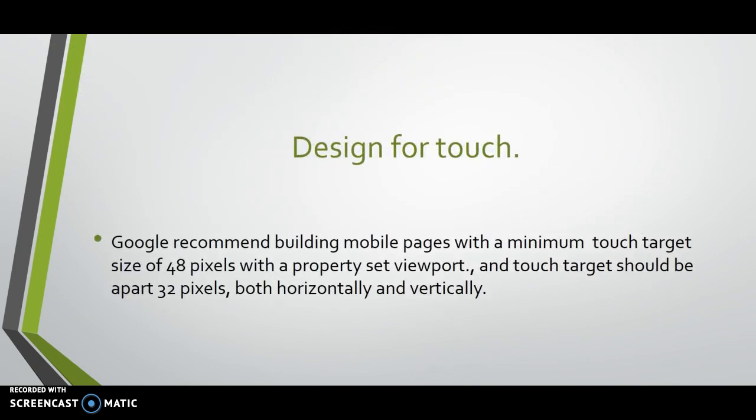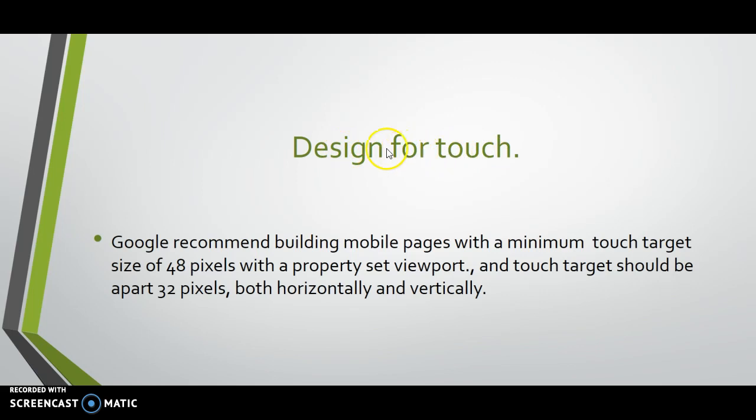And design for touch. And this one, Google recommends building mobile pages with a minimum touch target size of 48 pixels with a property set viewport, and touch targets should be 32 pixels apart, both horizontally and vertically. And here is when you have two icons very close and you don't know where to click.